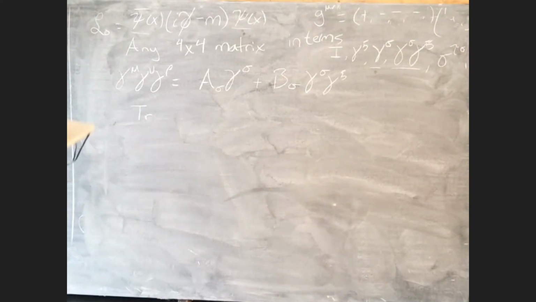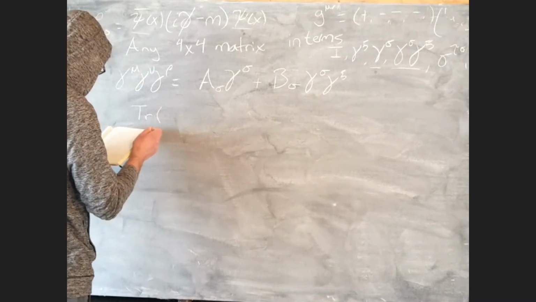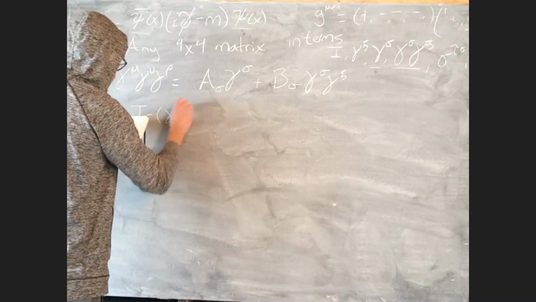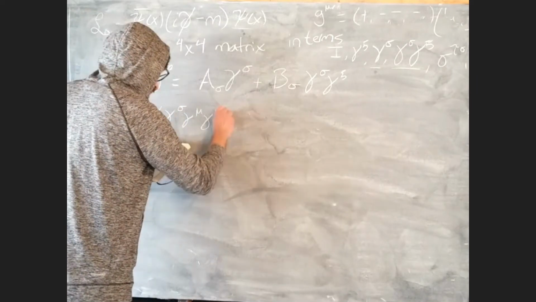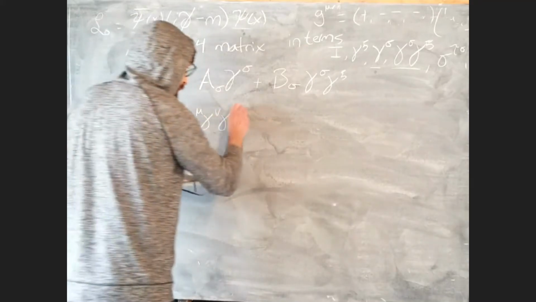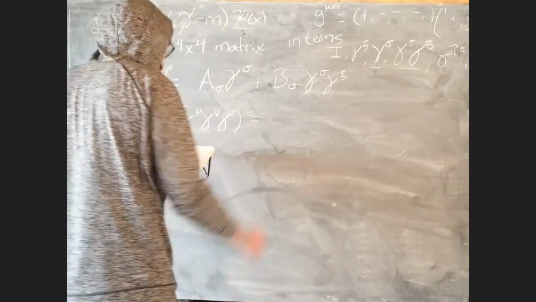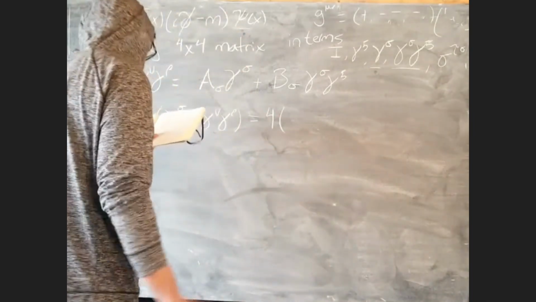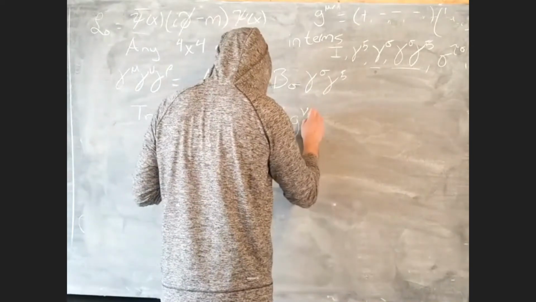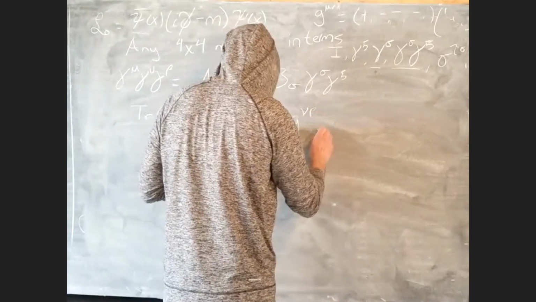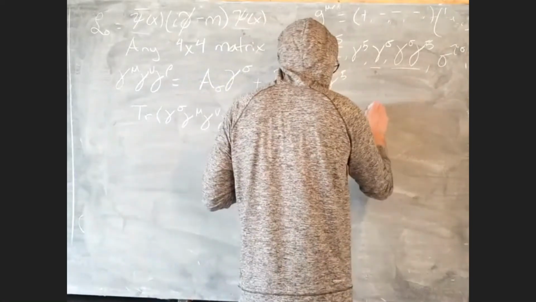If you have the trace of gamma sigma, gamma mu, gamma nu, and gamma rho, you get the following: 4 times g nu rho g sigma mu plus g mu nu.